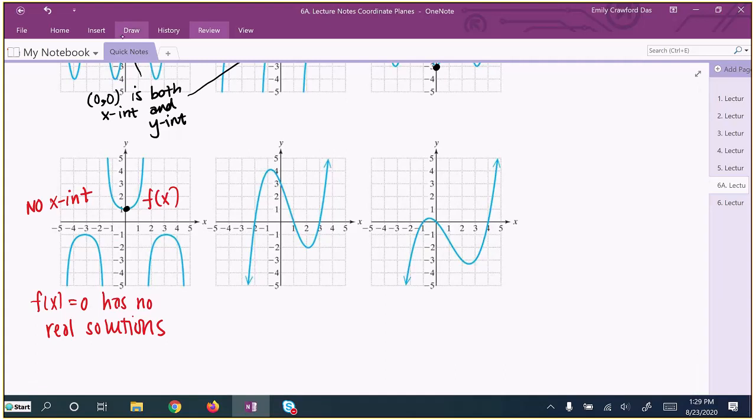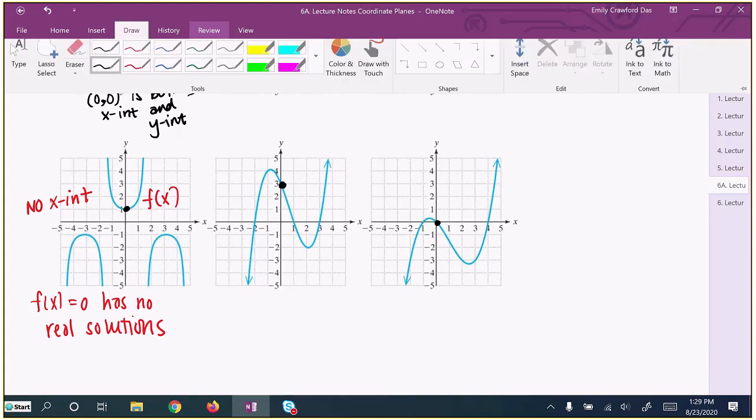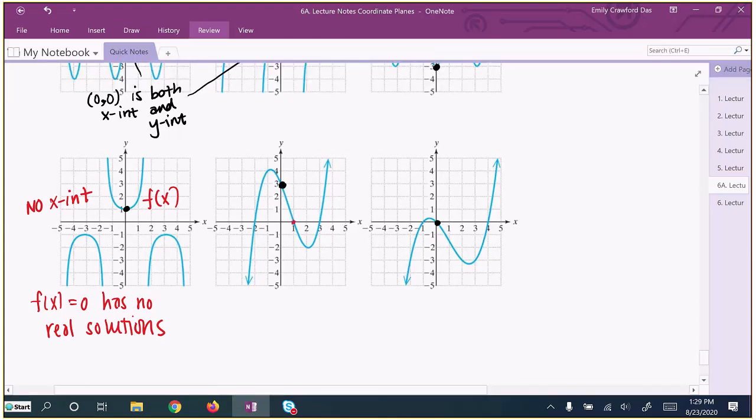Okay. Now the last two graphs, we did say that they were not even or odd, but that doesn't mean that they don't have x-intercepts, y-intercepts, or both. And clearly, we can find x-intercepts and y-intercepts.